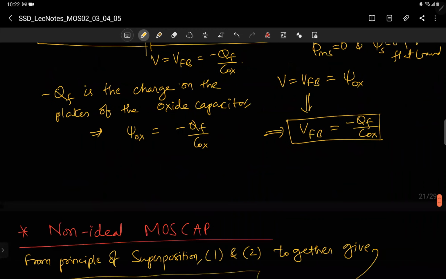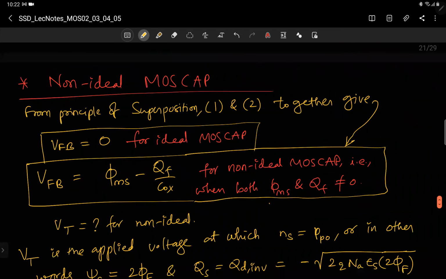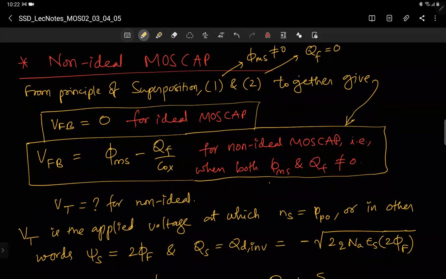So for a non-ideal MOSCAP, from the principle of superposition, cases 1 and 2 together give: case 1, phi ms not equal to 0; case 2, QF not equal to 0. They are independent kinds of pictures. So from the principle of superposition, you just add them. VFB equal to 0 gives you the ideal MOSCAP.